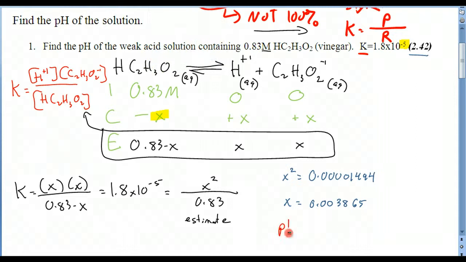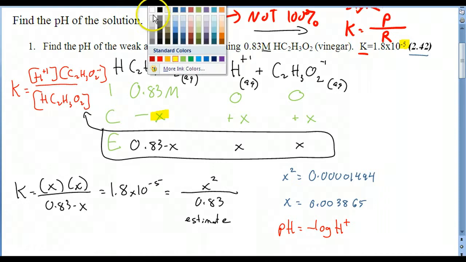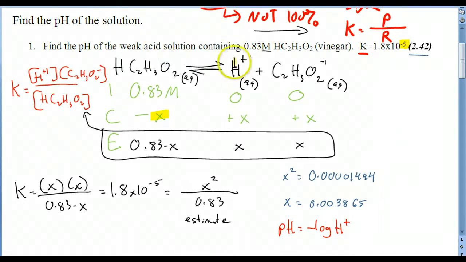pH equals, P stands for negative log, also power, but mathematically it stands for negative log of the H concentration. So what is the H concentration? Well, according to our ICE chart, H at equilibrium is X, which means this value here, X, equals our H plus.